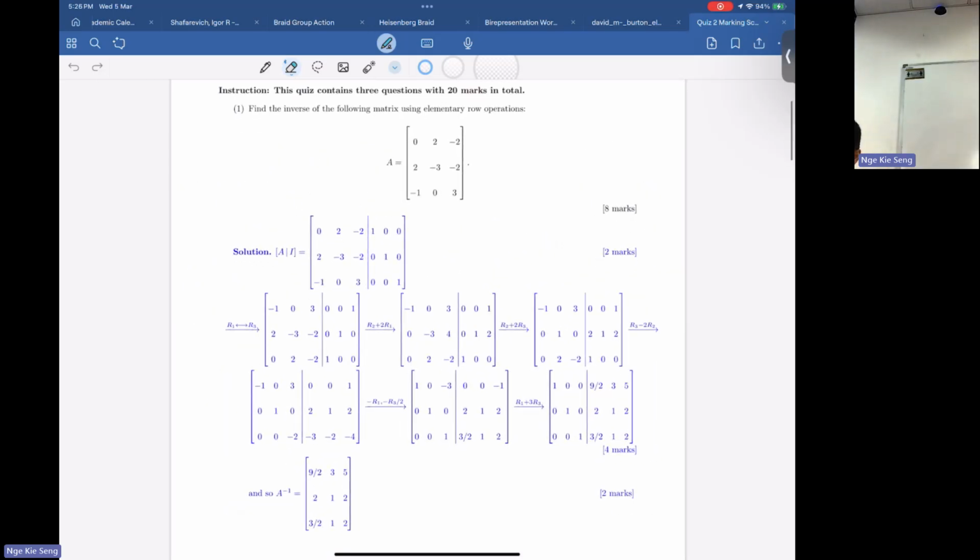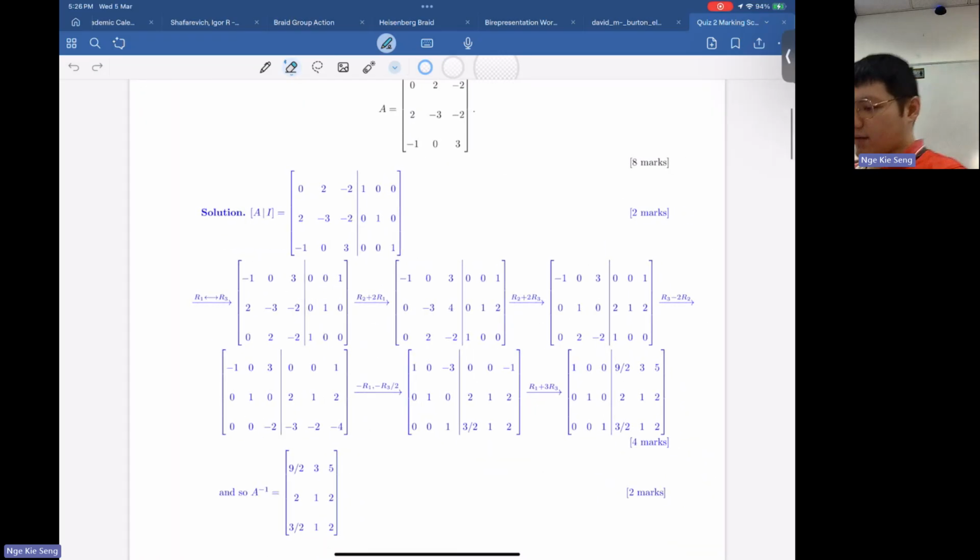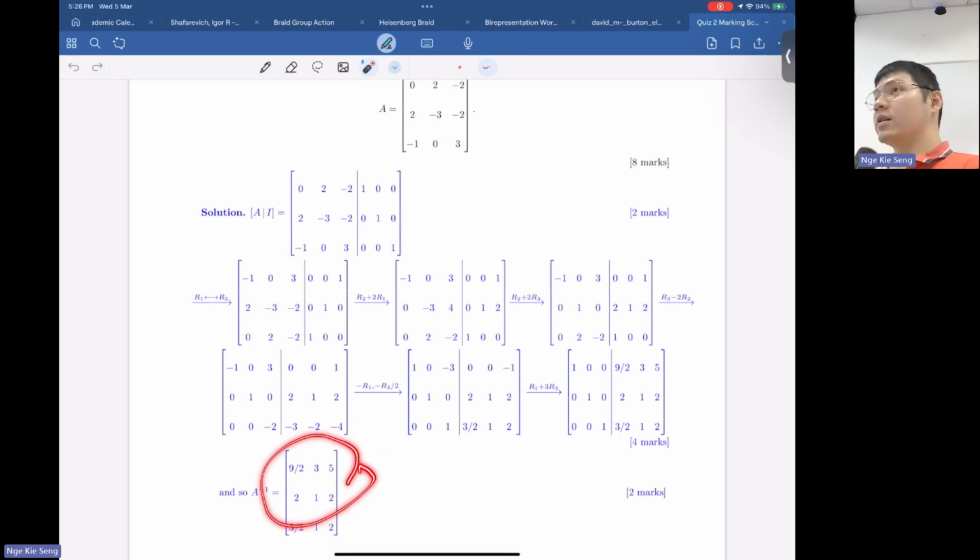You find the inverse of your matrix using elementary row operations. So you set up [A | I]. After you set up [A | I], you row reduce A to I, and then what's left over is your inverse matrix.